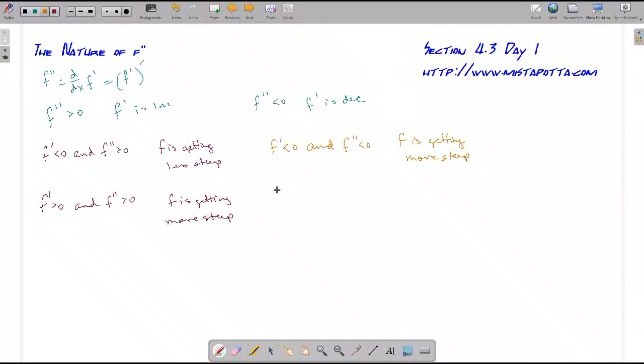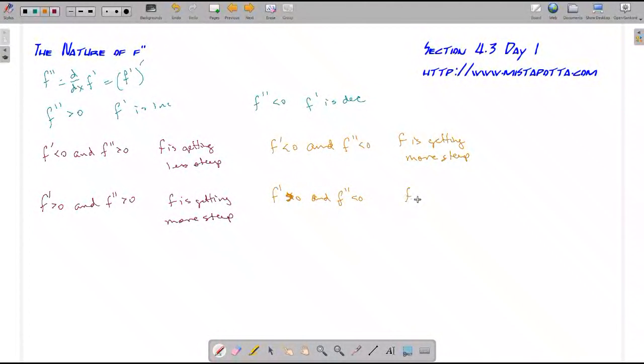But if I'm looking at f prime being greater than 0 and my second derivative being less than 0, I'm starting off with positive slopes, but they're getting smaller.